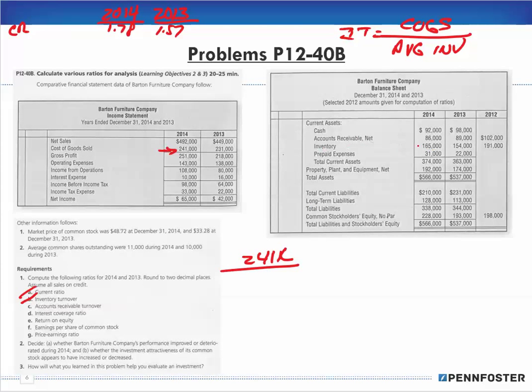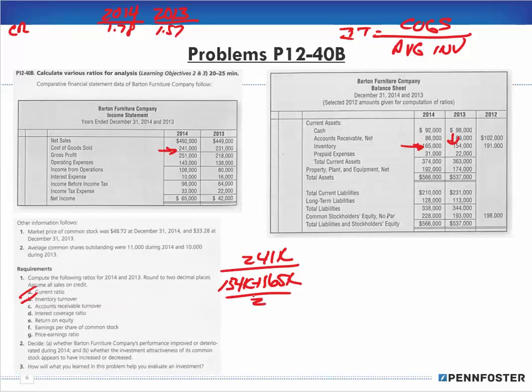Look at our inventory: remember, the ending inventory for 2013 becomes our beginning inventory for 2014. So 154,000 plus 165,000, and that's all divided by 2.